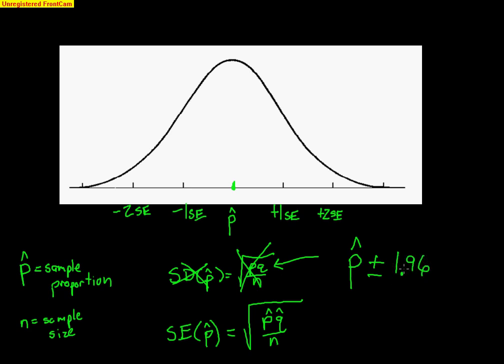So we are within 1.96 standard, again, not standard deviations, we have to use standard errors of that sample proportion. So we know that we're going to use negative 1.96. It's just a little bit more accurate. That's all, guys. It's close enough to 2, I get it. It's just a little bit more accurate. So we know that 95%.